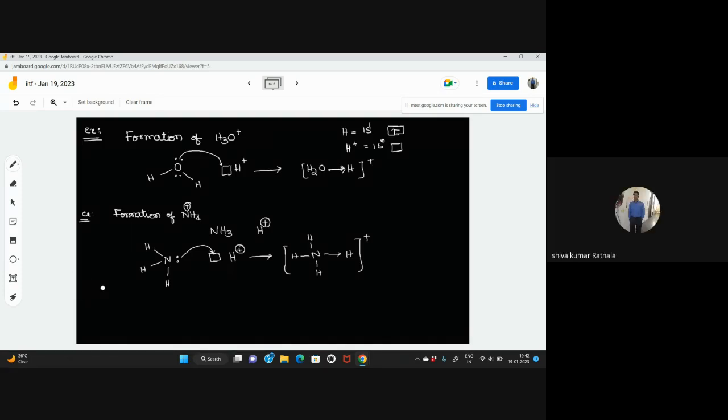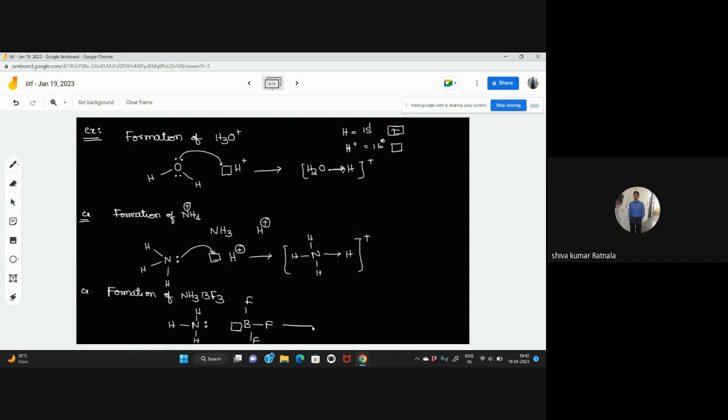In the same way, one more example is the formation of NH3BF3. Nitrogen has 3 hydrogens, and BF3 has a boron atom with three fluorines, and at boron there is a vacant orbital.